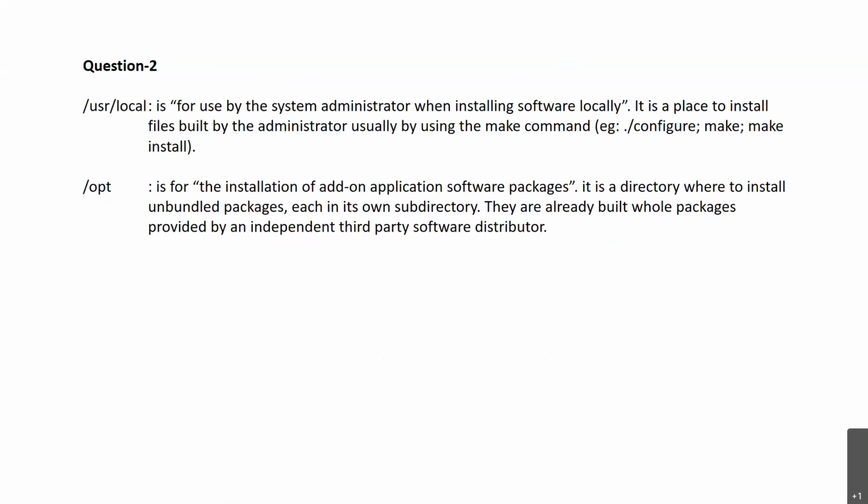If we go to /opt, this is for the installation of add-on application software packages. It is a directory where you install unbundled packages, each in its own subdirectory. They are already built whole packages provided by an independent third-party software distributor.